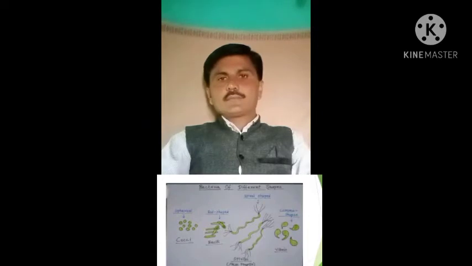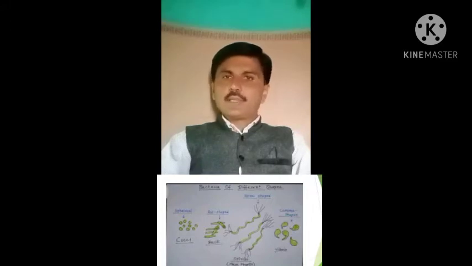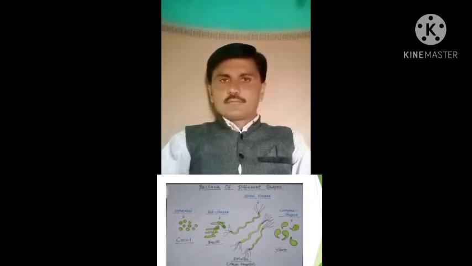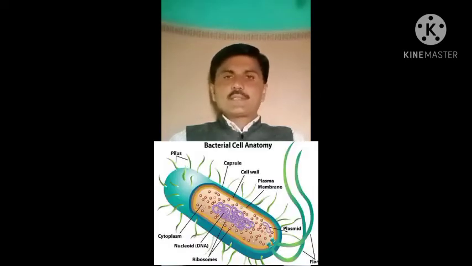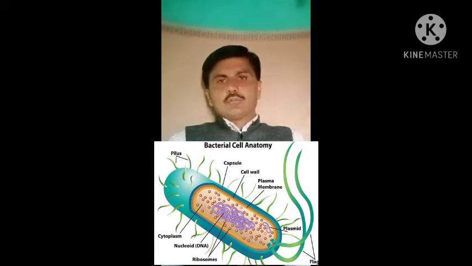After that, before going to step 2, the color will appear blue in the cells of the bacteria, both in the Gram positive as well as in the Gram negative bacteria. In step 2, we will add alcohol or acetone to the smear.